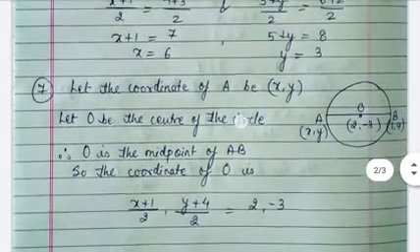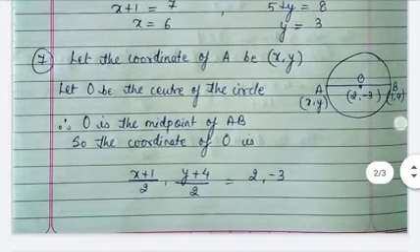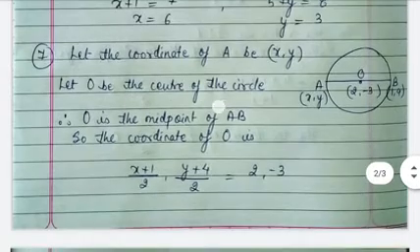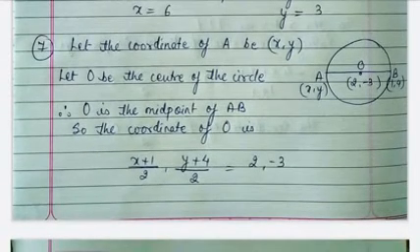Next, question number 7. Question number 7 says, find the coordinates of point A where AB is the diameter of a circle whose center is (2, -3) and B is (1, 4). The values are given here and you have to find the value of A, right? Let O be the center of the circle, and O is the midpoint of AB.